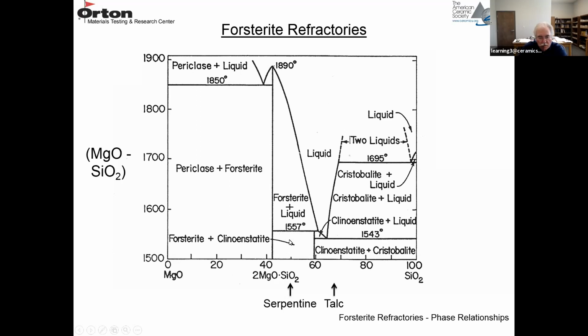So this is where serpentine is, and this is where talc is. And I mentioned serpentine forms liquid at 1557 and talc at 1543. So high silica content above the stoichiometric amount for 2MgO·SiO2, you're going to have issues with low melting materials.